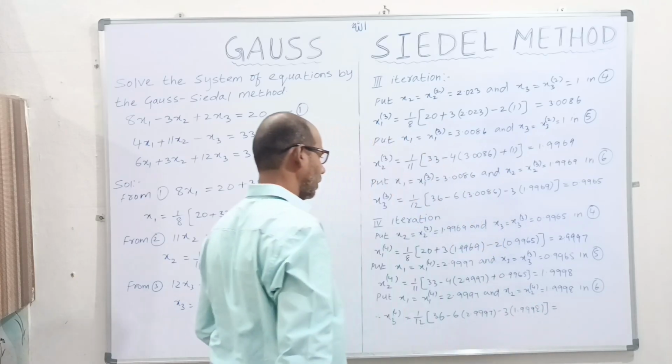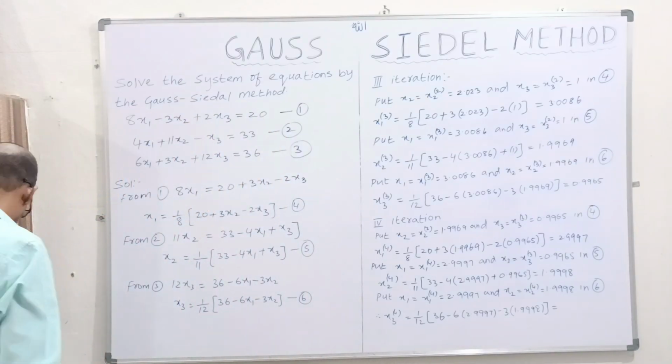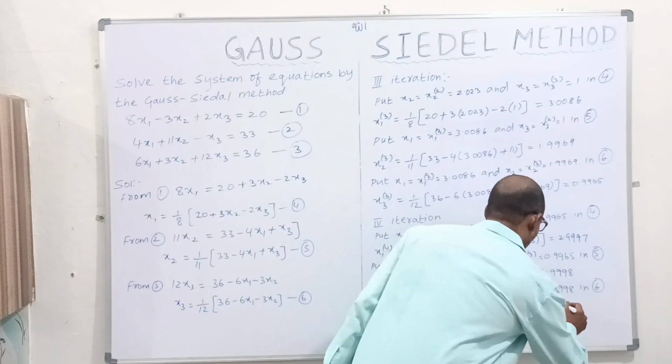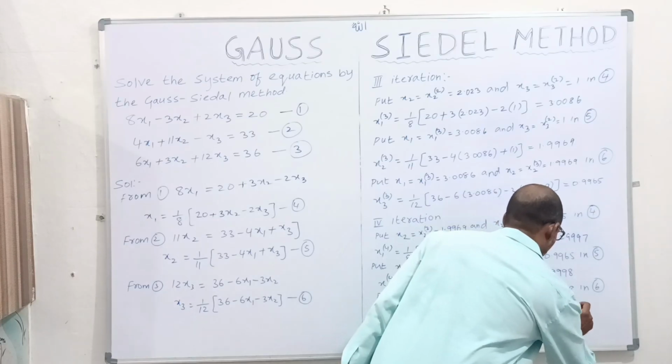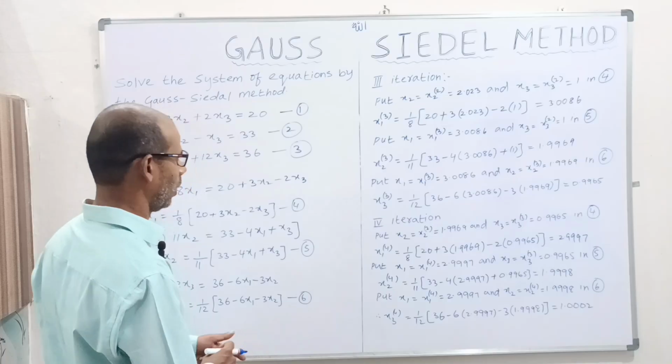On simplifying this, we will get the value as 1.0002.